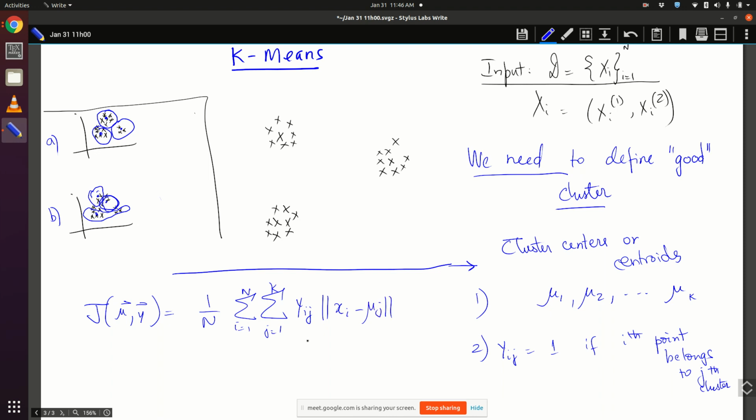So I will try to find the distance like this. Is it clear what this is trying to do?